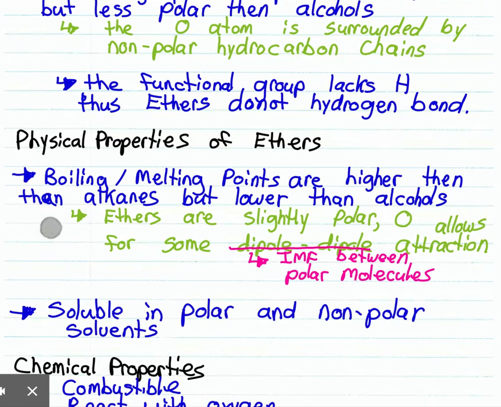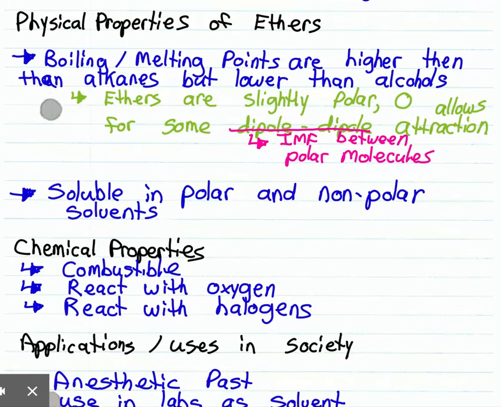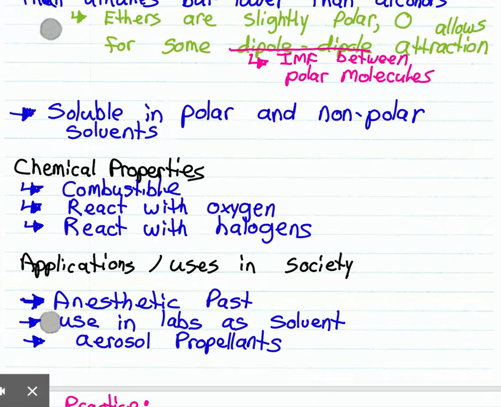Okay. And then we'll just quickly look at chemical properties. Ethers are really combustible. They react with oxygen, and they react with halogens. And then they actually have a wide variety of uses in society.